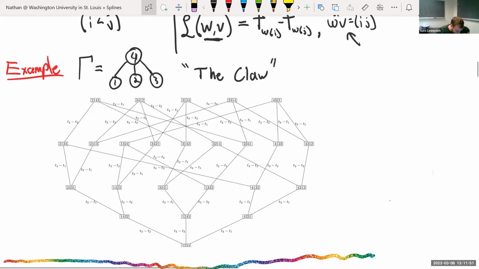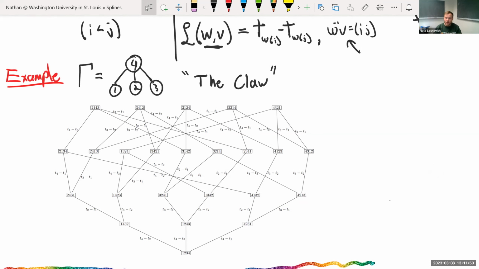I've printed out for you the claw, so it'll be on S4. And I think the main purpose of this example is to convince you that the normal Bruhat order graph that we get no longer applies when we don't have the path.